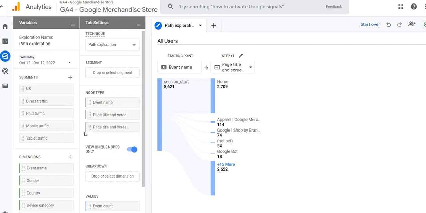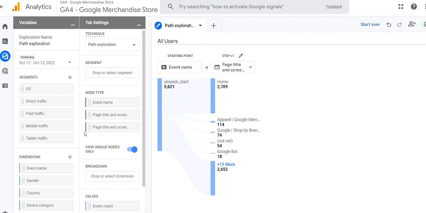How does this help us understand what might be frustrating or problematic for users? Well, if you see a high abandonment rate, if you see people are coming to the homepage and keep coming back to the homepage, that's usually an indicator that there's some navigational challenges because people can't find their way.